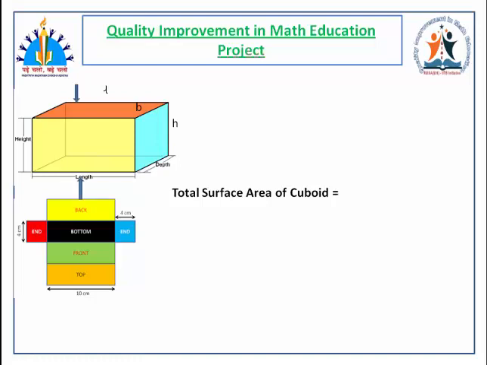Upper part and lower part, this rectangle whose length is L and breadth is B. Therefore, we have to take two surfaces, top and bottom, 2 into length into breadth, plus these two surfaces, 2 into height into breadth, and 2 into length into height.